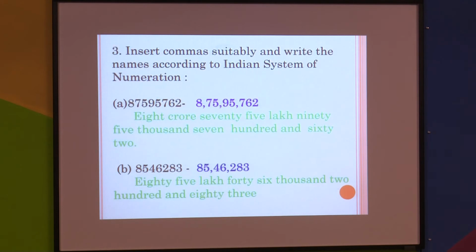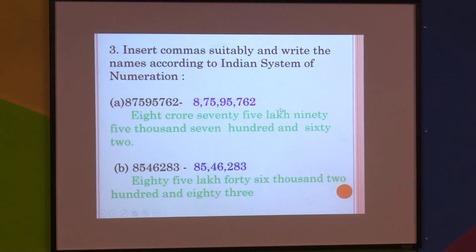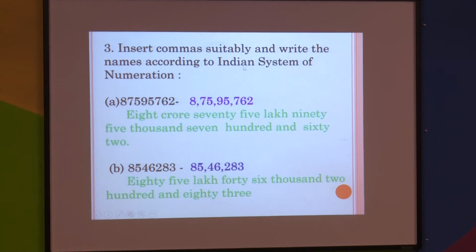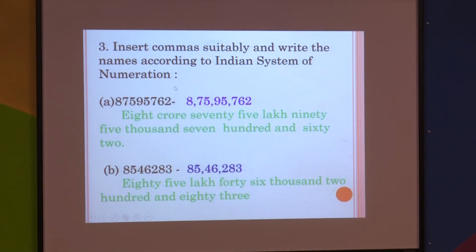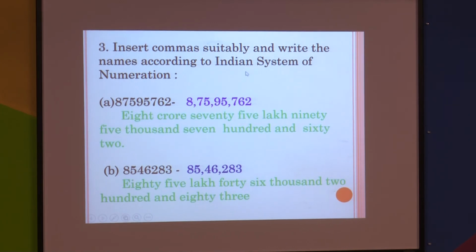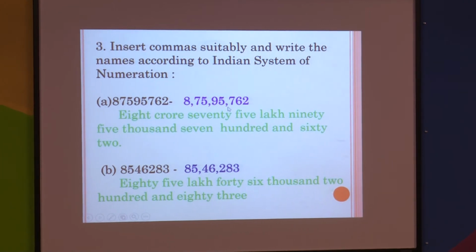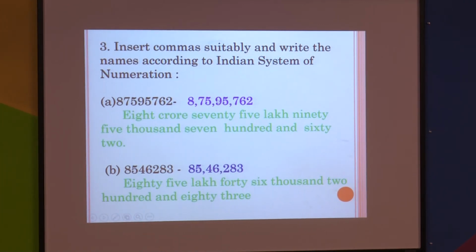Next question, insert commas suitably and write the names according to the Indian system of numeration. We have to give the commas as well as write this number in the Indian system. Let us give the commas. See the place values from right hand side, ones, tens, hundreds, comma comes here between 5 and 7, 1000, 10,000, comma comes between 5 and 9, lakh, 10 lakh, comma comes between 8 and 7, separating crore.